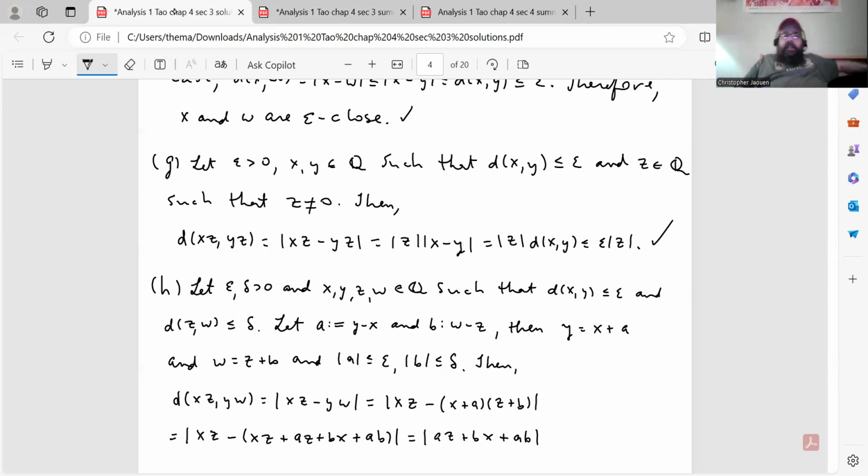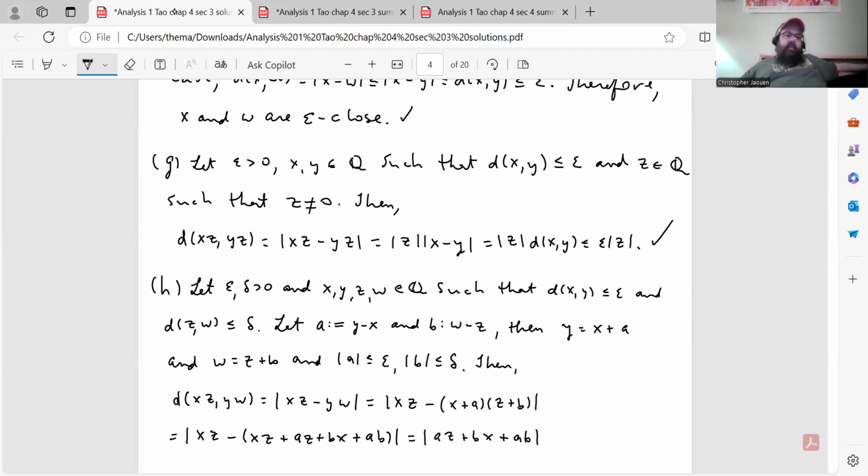By definition, that's the absolute value of xz minus yz. And then by the distributive law, that's the same thing as the absolute value of z times (x minus y). And then we can break that up by multiplicativity of absolute value. That's equal to the absolute value of z times the absolute value of x minus y, which is the absolute value of z times the distance between x and y, which is less than or equal to the absolute value of z times epsilon, and that shows the property.